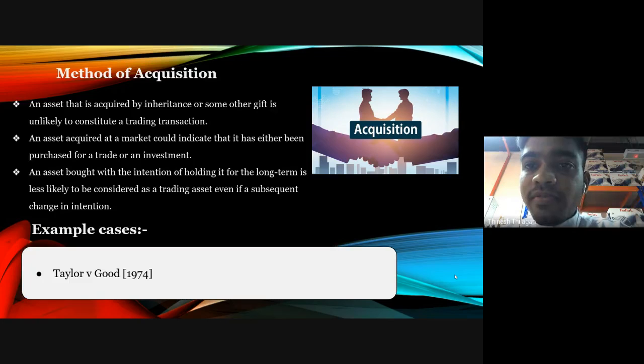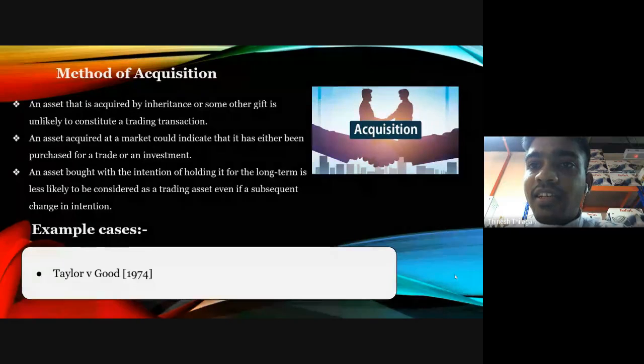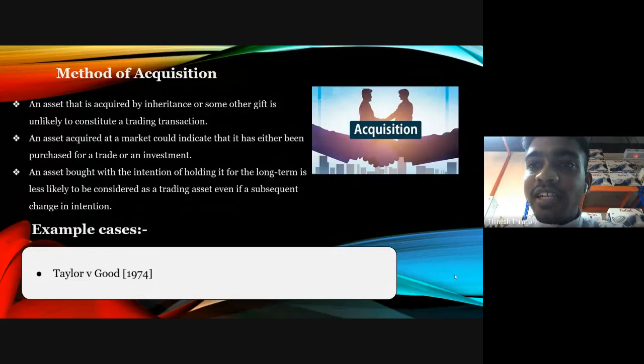An asset bought with the intention of holding it for the long term is less likely to be considered a trading asset, even if there is a subsequent change in intention. So this means that when you acquire an asset which is given by somebody, or inherited, this cannot be said to be trading because someone gave it to you. If you buy in the market, it can be shown as either a trade or an investment.